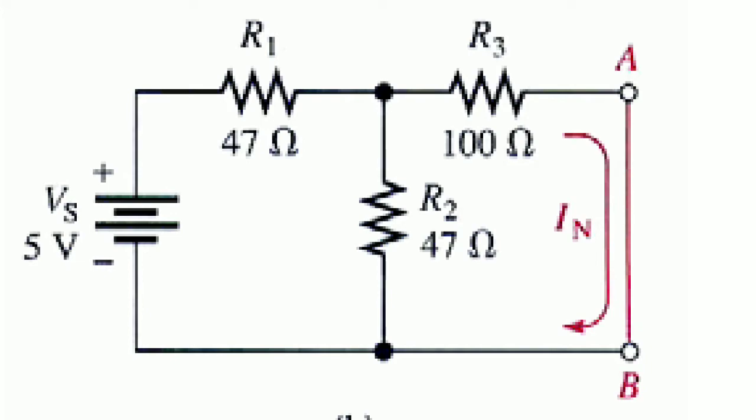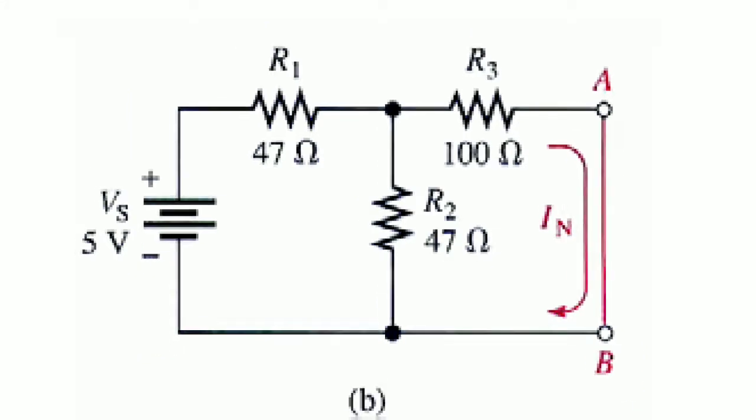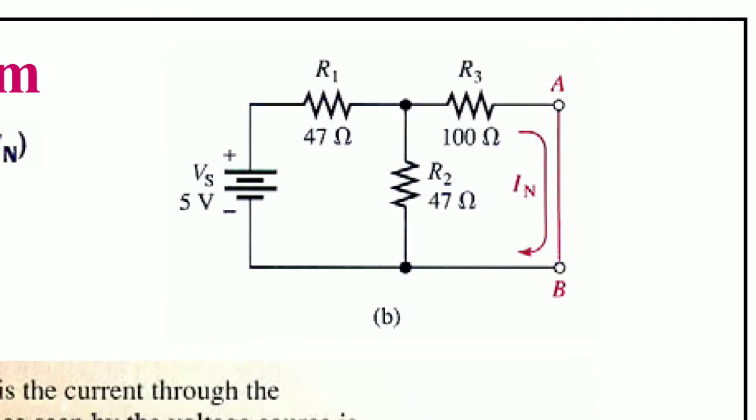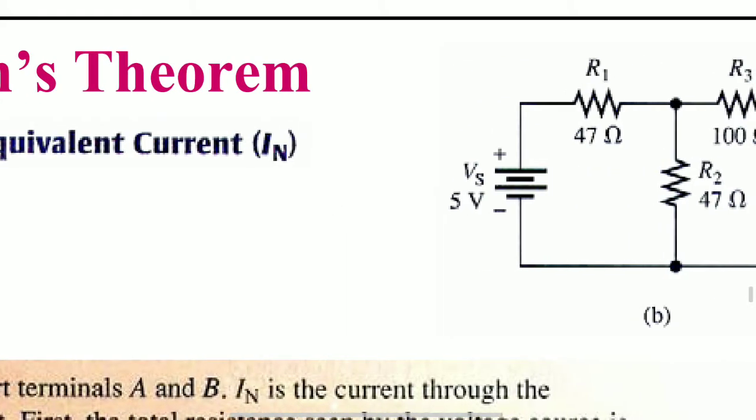That means the AB terminals are short circuited, and we are calculating the short circuit current ISC, that is called Norton's current. Observe here, A and B are shorted, and the current flowing through the short is Norton's current, denoted IN.